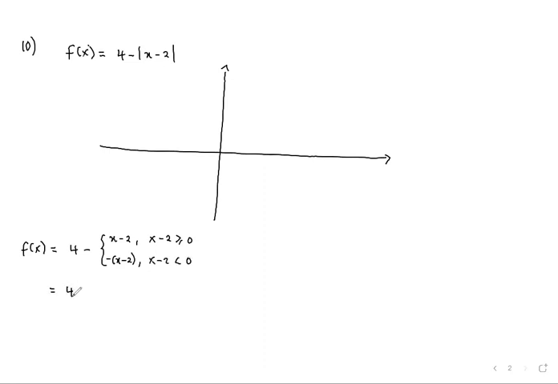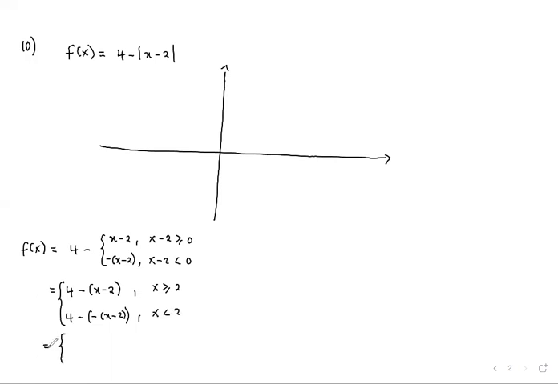So we have 4 minus x minus 2 when x is greater or equal to 2, and 4 minus negative x minus 2 when x is less than 2.